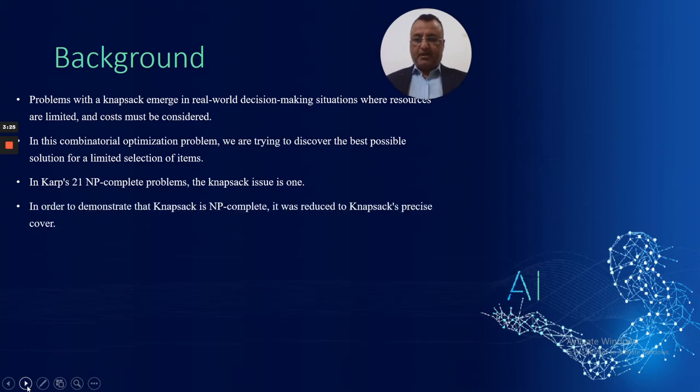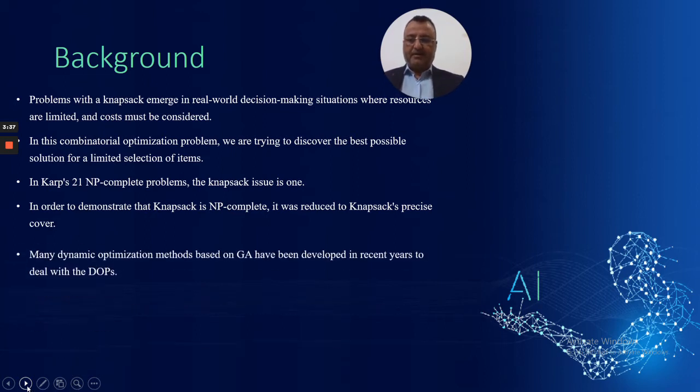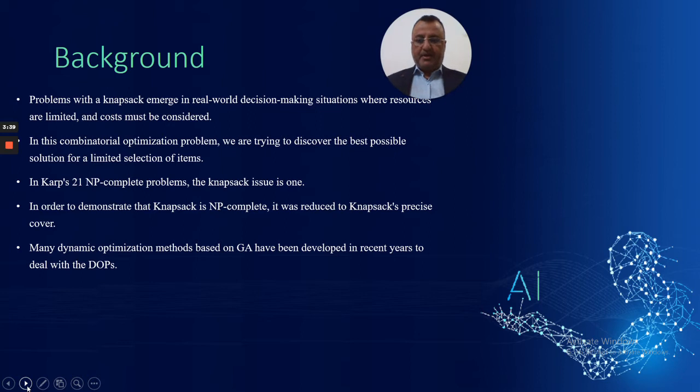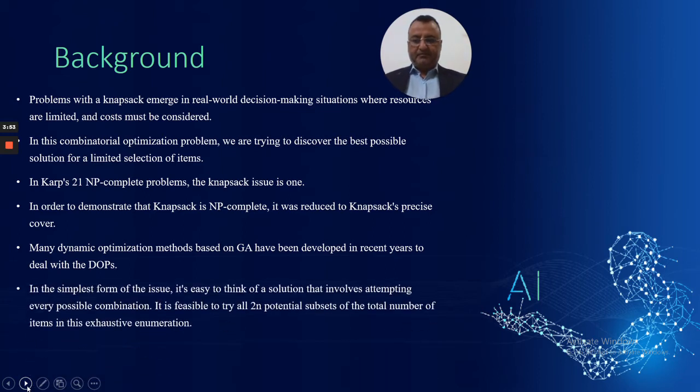In order to demonstrate that knapsack is NP-complete, it was reduced to the set cover problem. Many dynamic optimization methods based on greedy algorithms have been developed in recent years to deal with it.